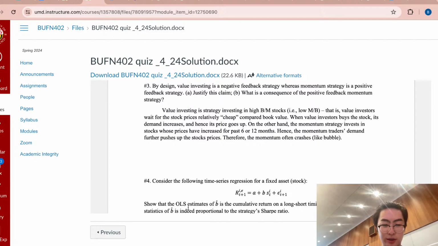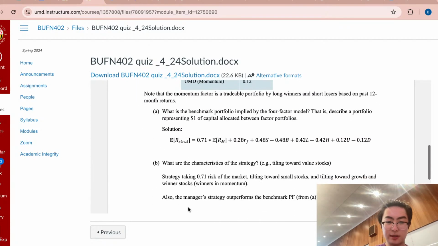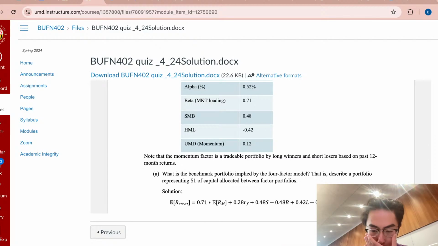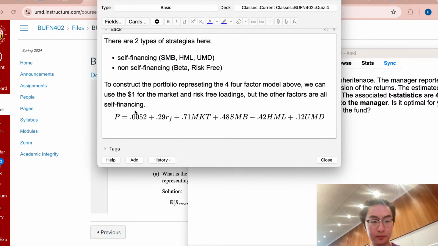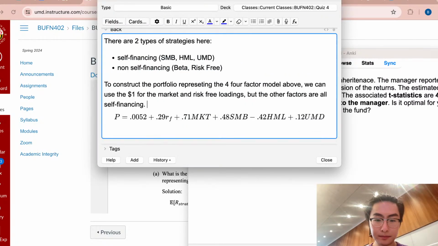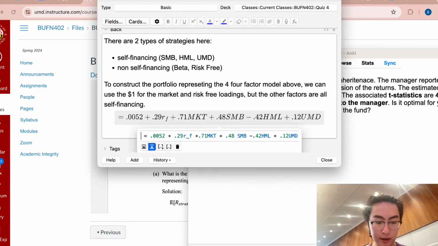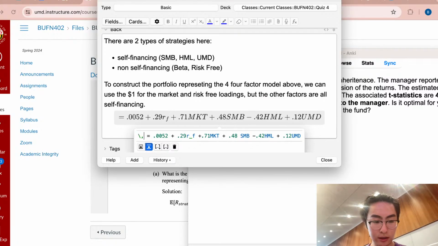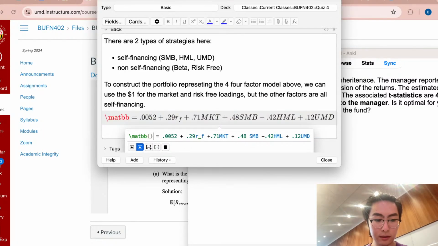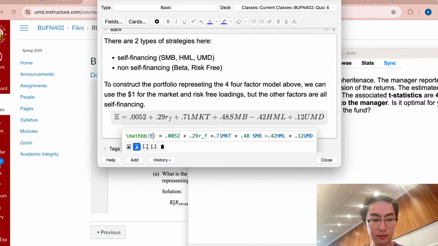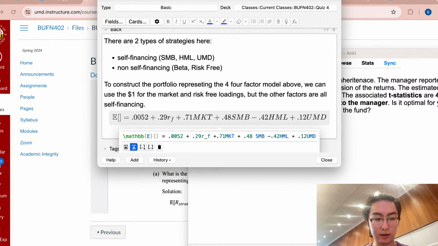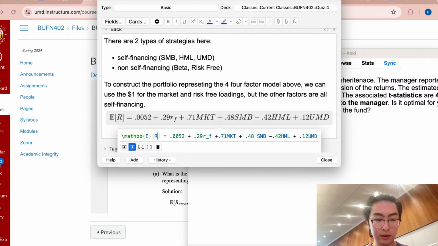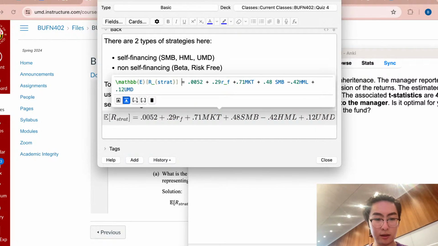Man, this one sounds really hard. Okay, so let's go back to this. So we have the expected return, actually. Expected return of our, it calls it strategy, so strat.